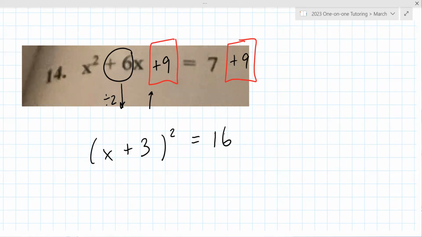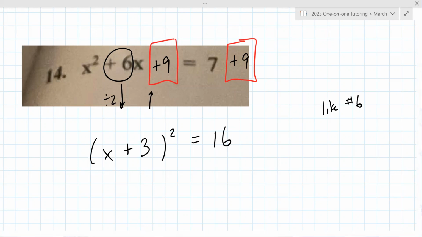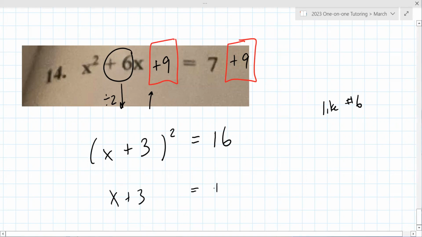All right, now this is a problem like number 6. Can you go back and look at that and see what you did there? Got the square root of both sides. Yes. So it becomes x plus 3 equals plus or minus the square root of 16.